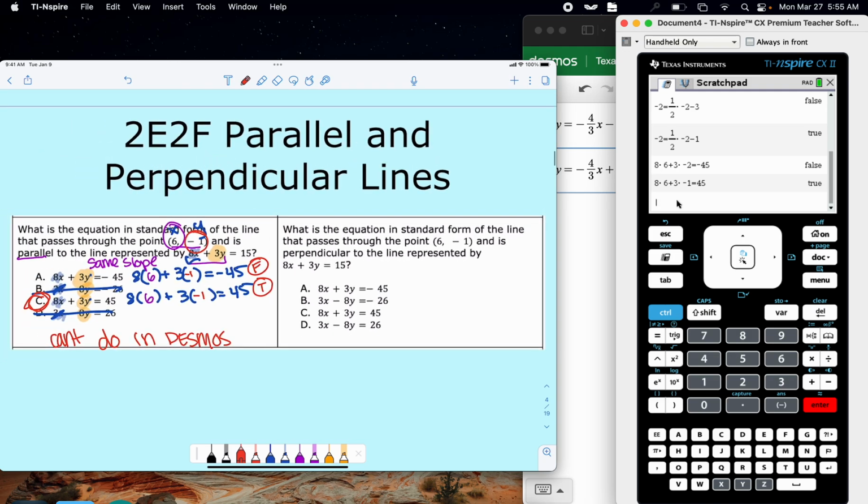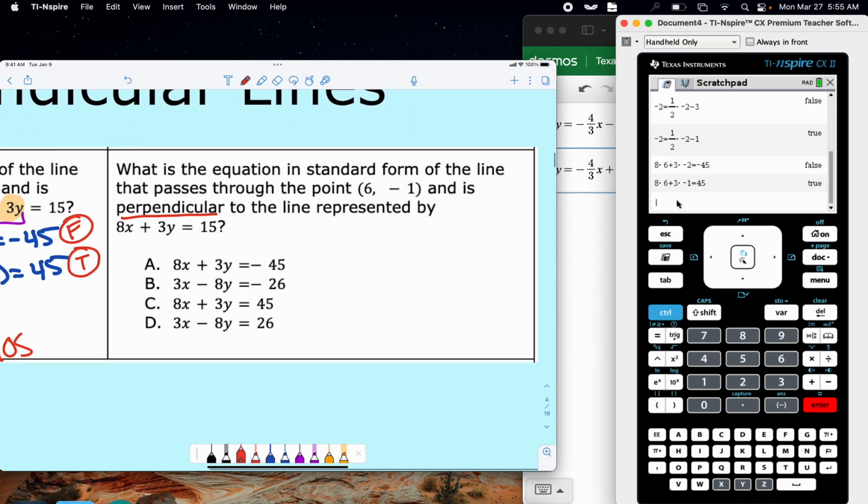All right, for the next one, same question, but it says perpendicular. For perpendicular, remember, flip and change sign. So we have 8 with x. So now I want 8 to be with y. We want 8 to be with 8y.